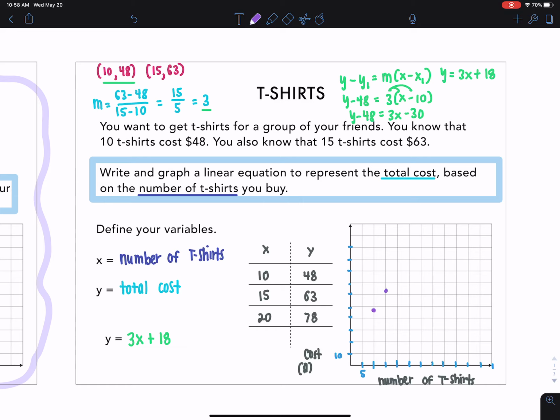And then 20 is at 78, which would be right about there. And that's going to give us a graph for our line. It's going to look something like that. And you can see then that our y-intercept would be about 18 as well.